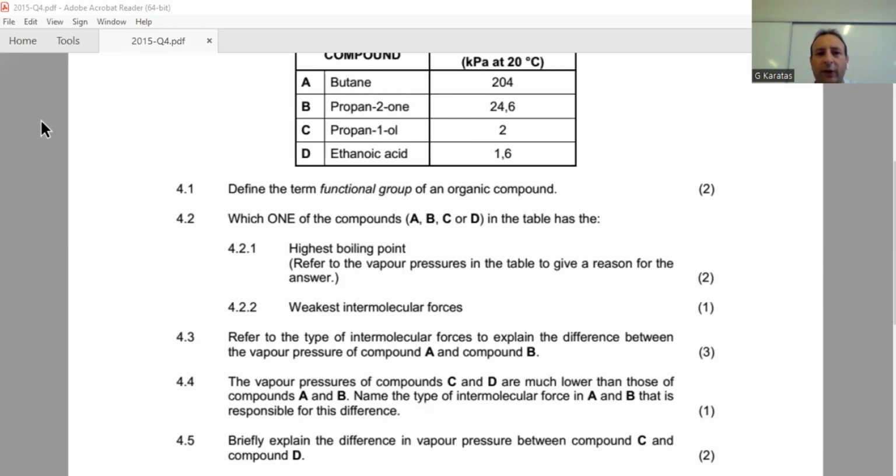The vapor pressures of compounds C and D are much lower than those of compounds A and B. Name the type of intermolecular forces in A and B that is responsible for this difference. Here, compound A has London forces. Compound B has dipole-dipole attraction.